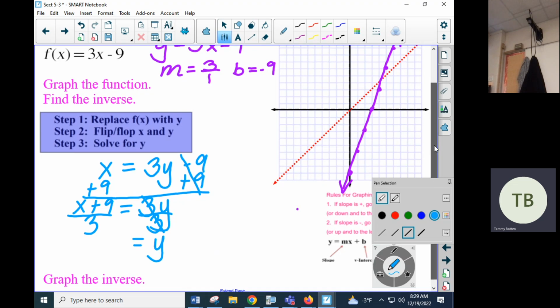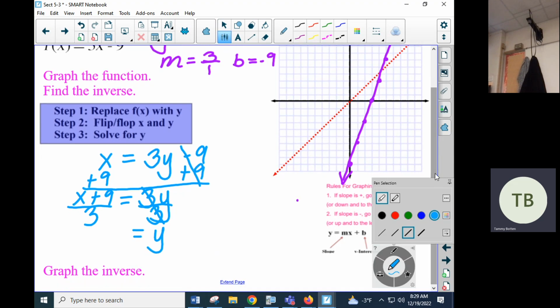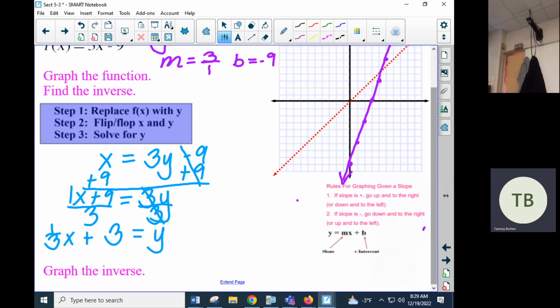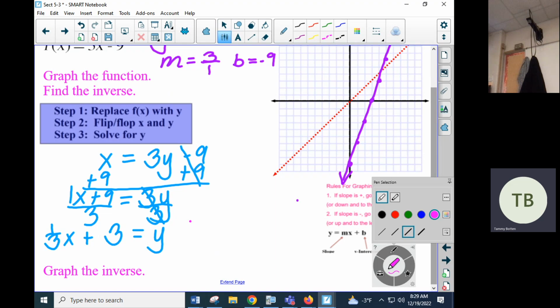And again, to graph this, we need to separate this into two separate terms. And this is 1x. So how I would think of that is 1/3 x plus 9 divided by 3 is 3. So when I go to graph this one, my slope would be 1/3, my y-intercept would be 3.